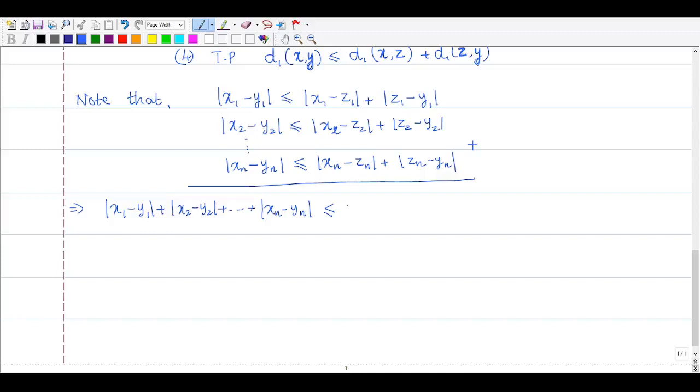So I write modulus of x1 minus z1 plus modulus of z1 minus y1, plus the second term I write below. Okay? Modulus of x2 minus z2 plus modulus of z2 minus y2, plus, like this up to modulus of xn minus zn plus modulus of zn minus yn. I keep adding all of this. Okay?